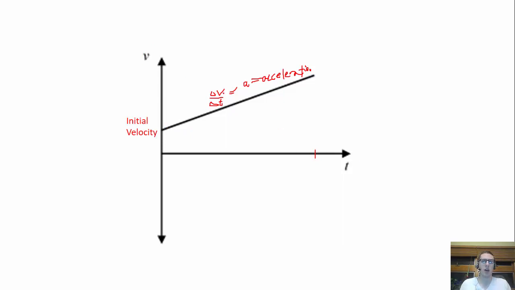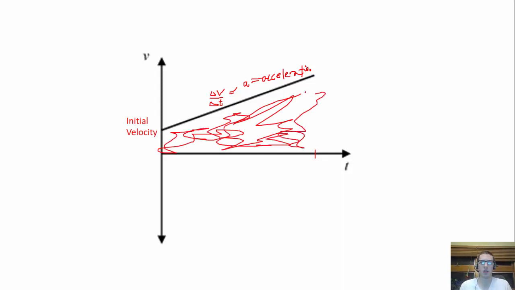If the slope is the acceleration, we go back the other way, and the area is, so this area here, this entire space here is, whoops, got a little wild there. But this entire area here, if you can figure that out, that is your displacement.